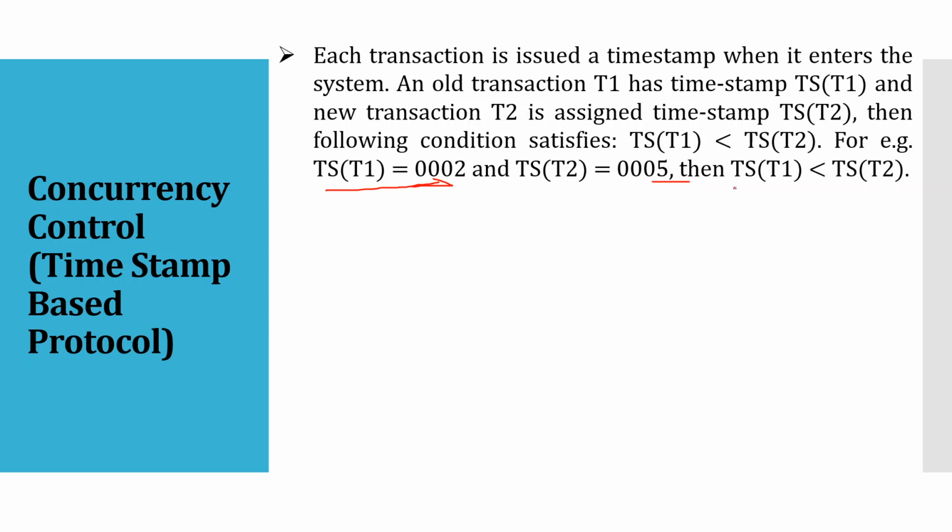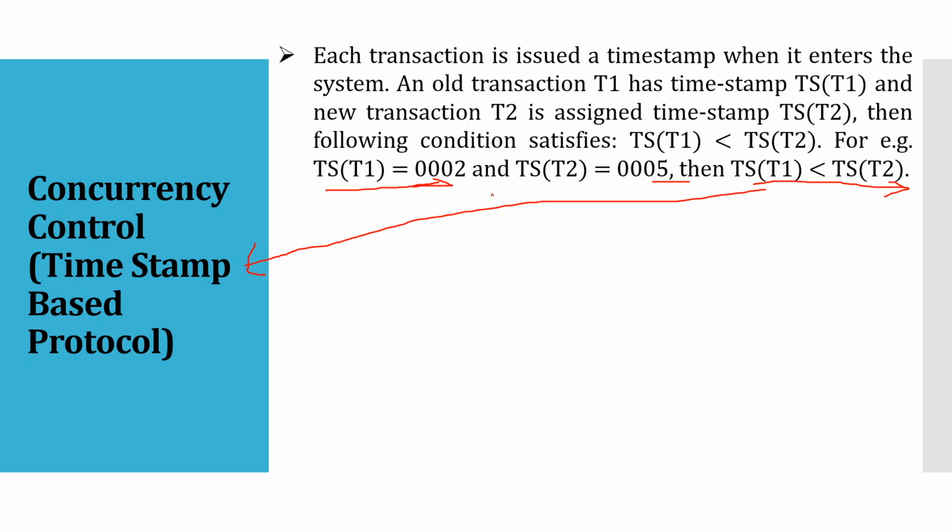So the condition is TS of T1 less than TS of T2. This condition is always right, and it should hold if you want to implement this timestamp based protocol. That means the old transaction's timestamp will be less than the timestamp of the new transaction. This is the rule that will be followed by each and every transaction or transaction manager if you want to implement the timestamp based protocol.